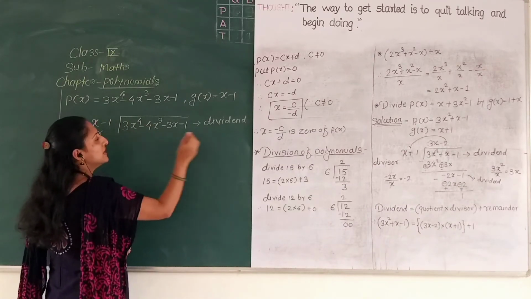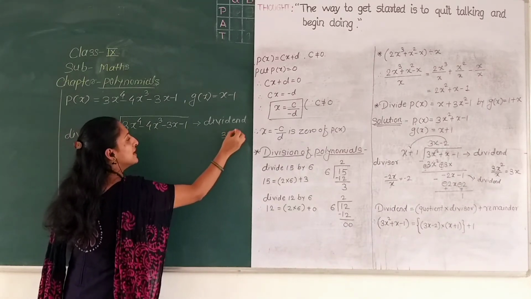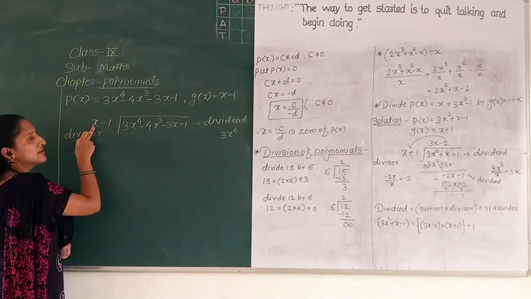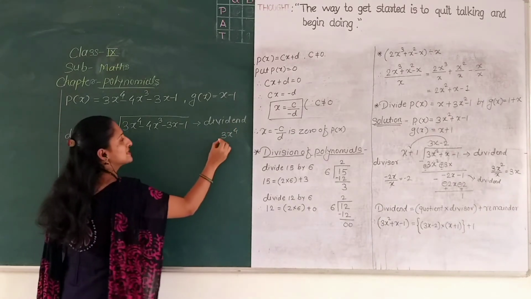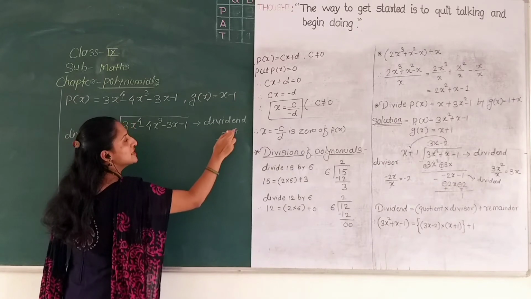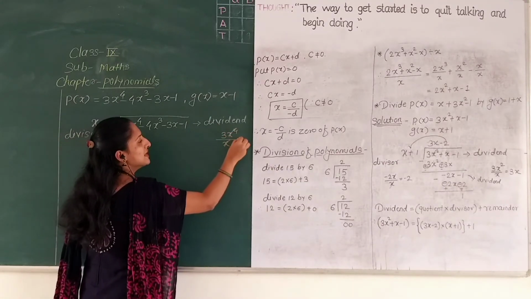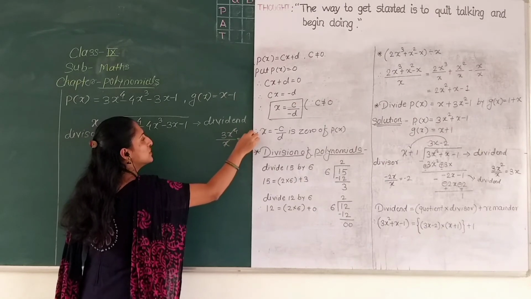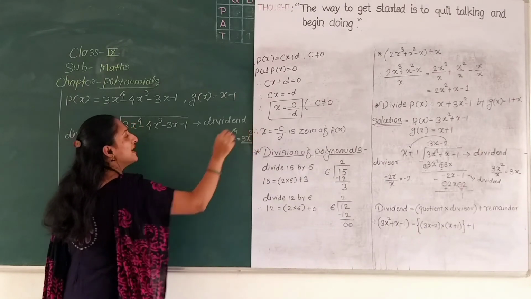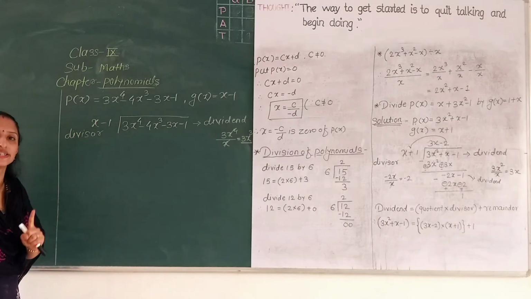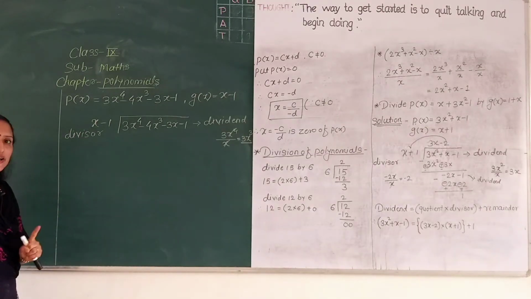So the first term of the dividend is 3x raised to 4 and the first term of the divisor is x. So 3x raised to 4 upon x. Here one x will cancel and 3x cube remains. That means 3x raised to 3 is our first quotient. Look here, it's very important.